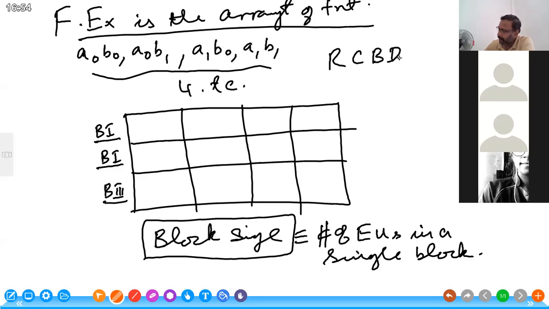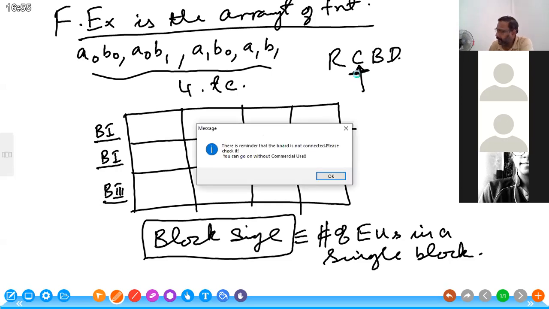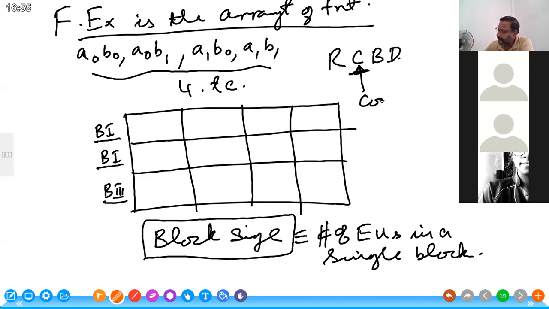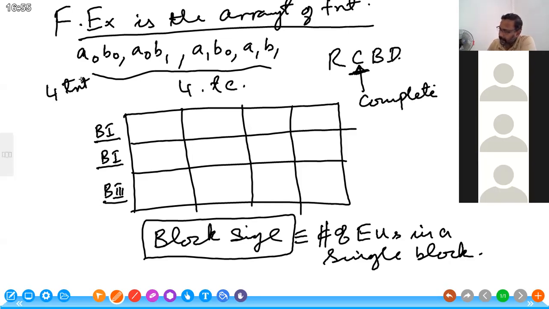That is why RCBD. What is the meaning of C here? Complete. So forget about the factorial now. Let's say I have 4 treatments: T1, T2, T3, T4. Now tell me, what is the relationship between block size and the number of treatments?